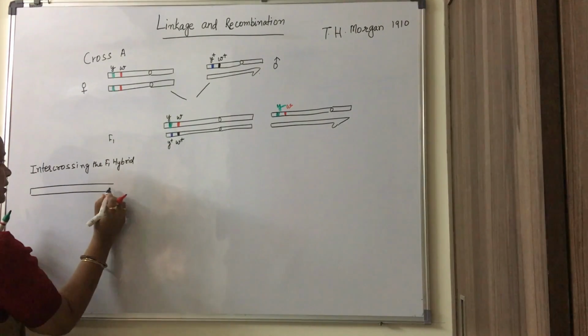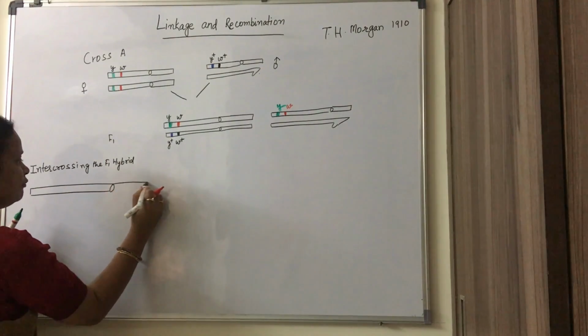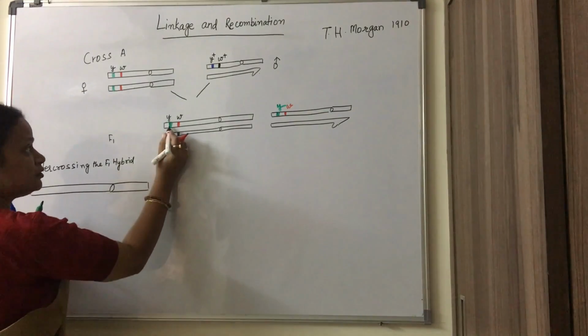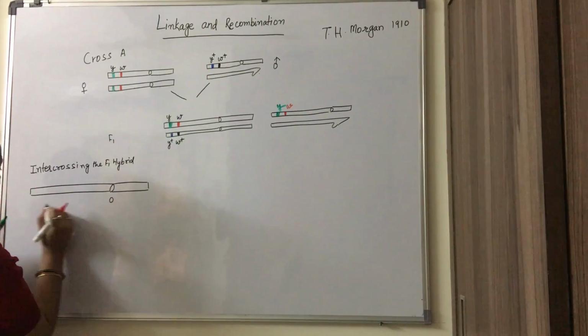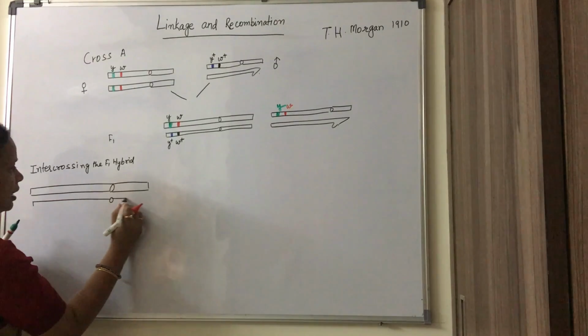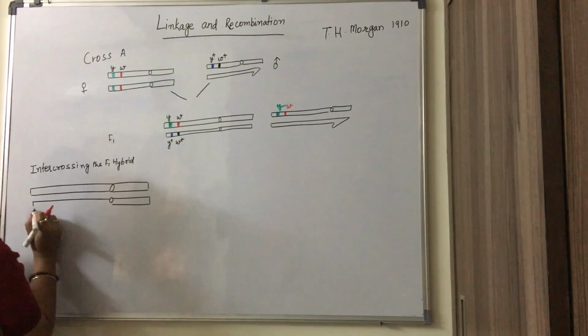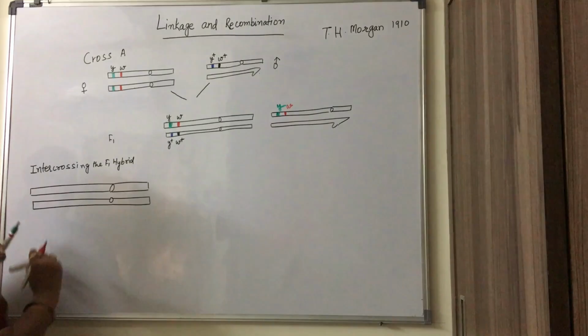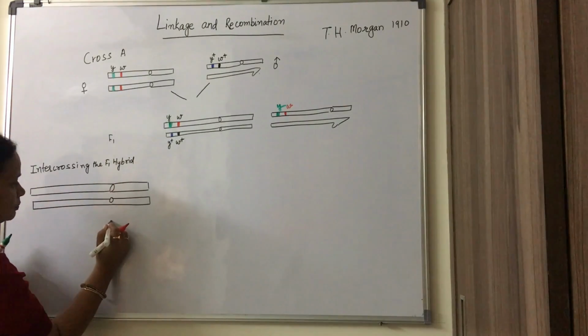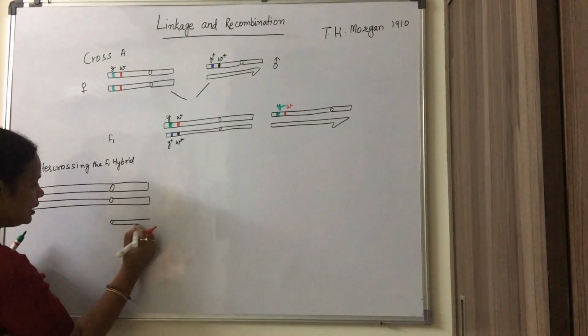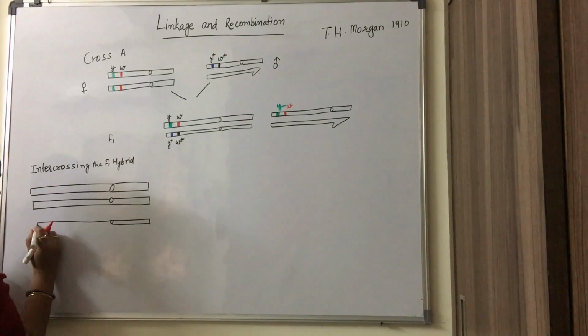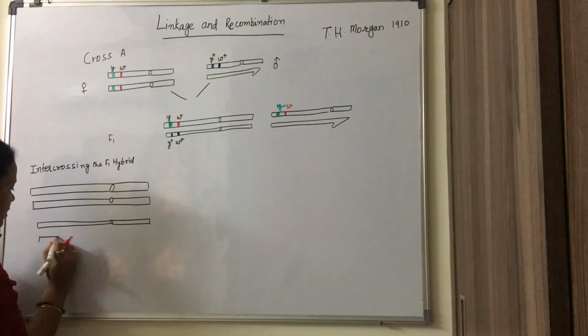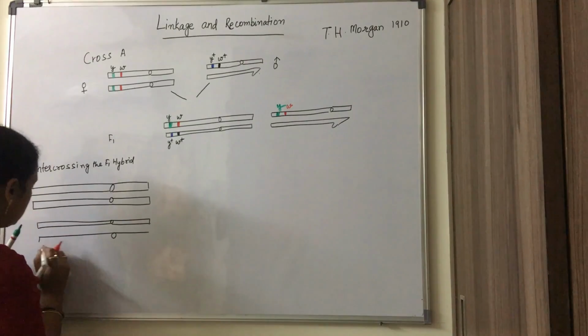This is one arm of this chromosome and this is its other arm, that is, the sister chromatid.